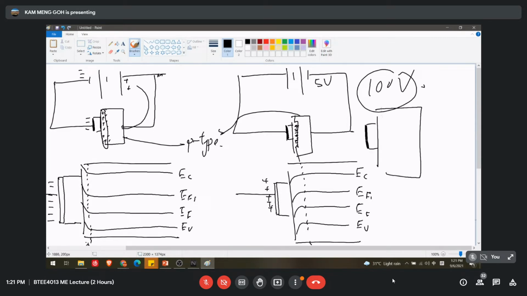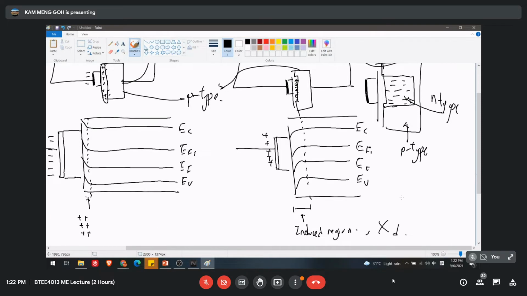Imagine 5 volt will be something like this only, but if we supply 100 volt, it will become like this. So here we accumulate many negative electrons. Eventually, when you supply more and more, originally this is a p-type, but with more and more electrons, this will become the n-type.